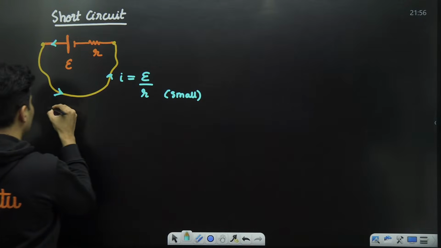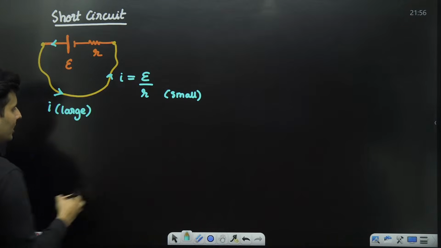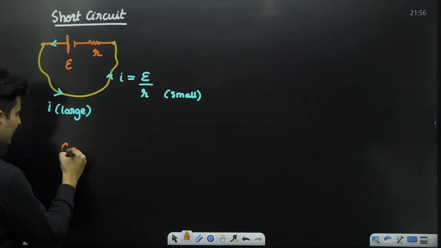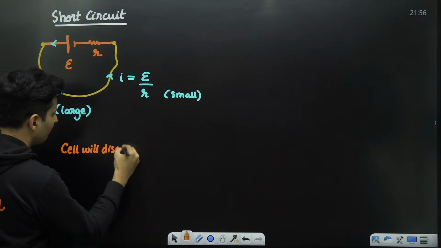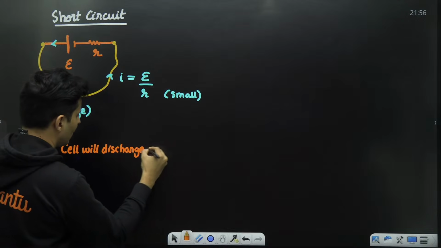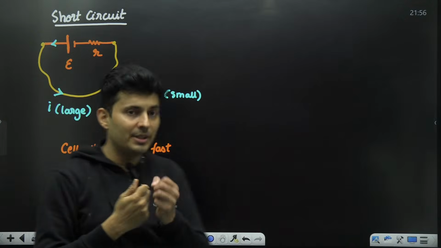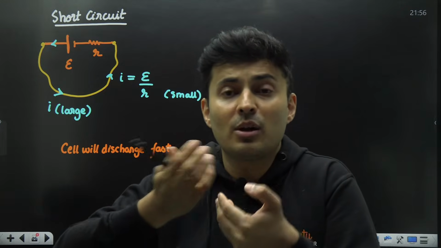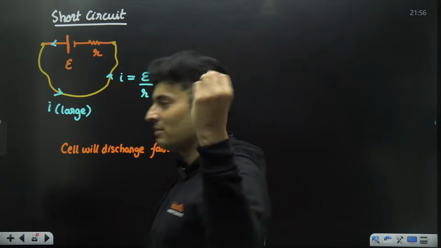That means this current will be very, very large. So what does this tell you about the battery? The cell will discharge very fast because a large current has been drawn. The reactions inside the battery will be very quick. That's it. It will be over. All the energy stored will be over within no time.